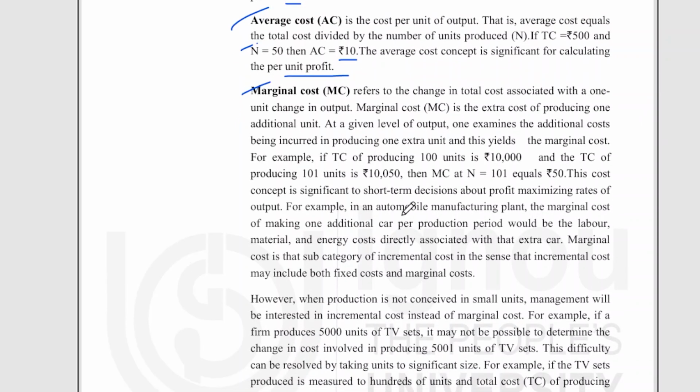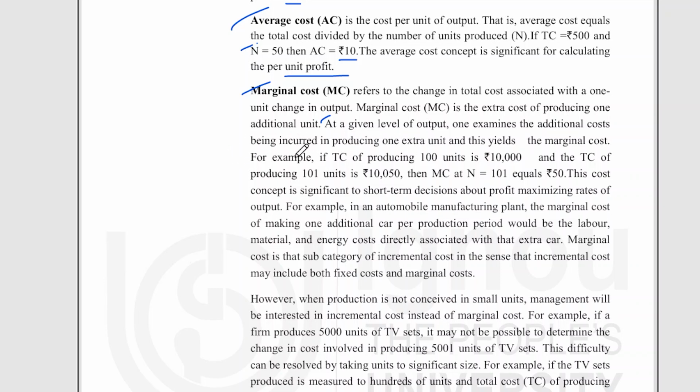Next is marginal cost. MC refers to the change in total cost associated with a one unit change in output. Marginal cost is the extra cost of producing one additional unit at a given level of output. One examines the additional cost being incurred in producing one extra unit, and this yields the marginal cost.